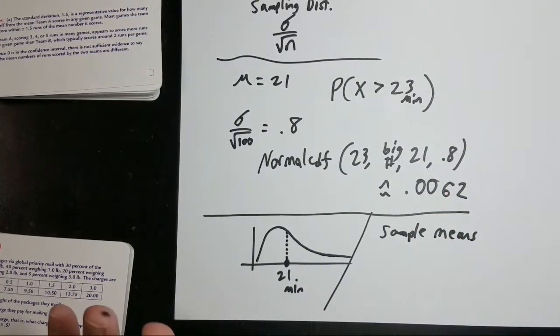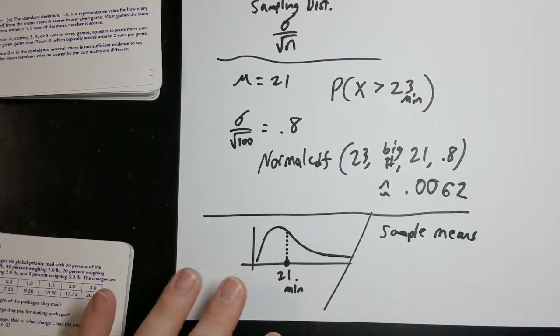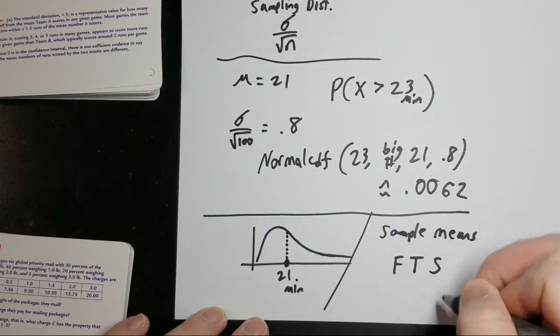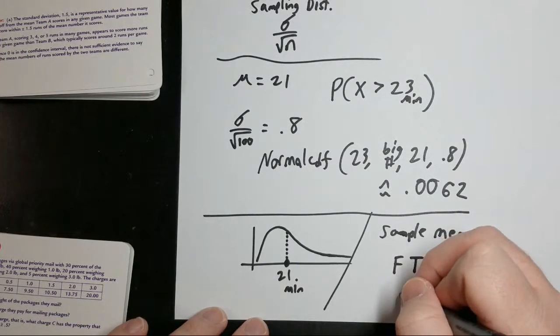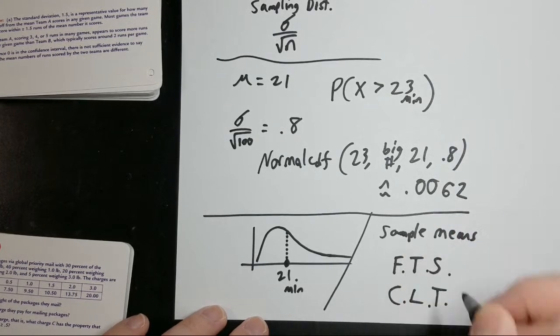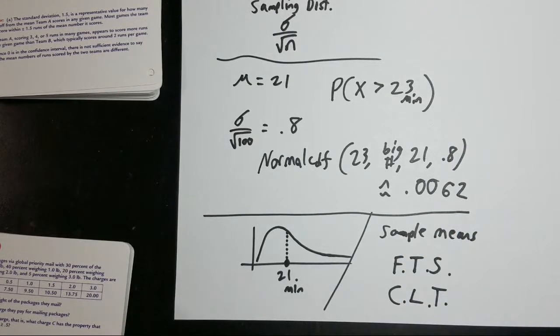And since you're working with sample means, you can either refer to the fundamental theorem of statistics, or you can refer to the central limit theorem. They are both the same thing. They both reference the same thing.